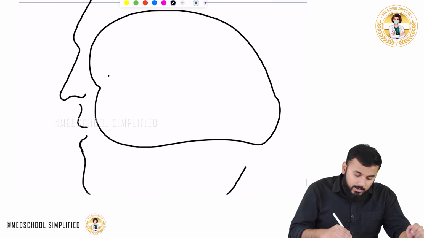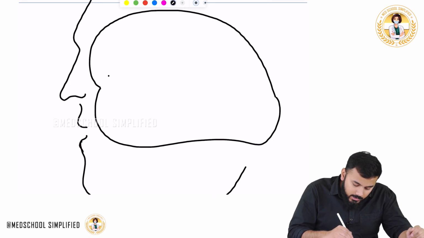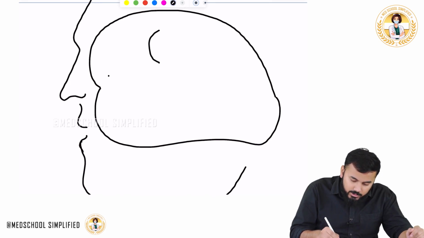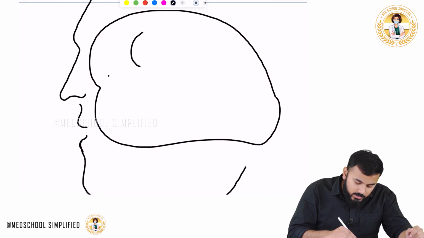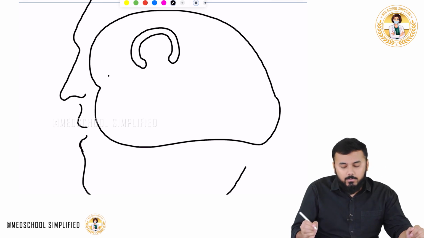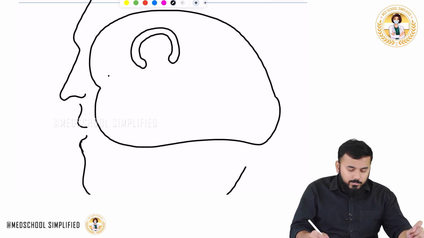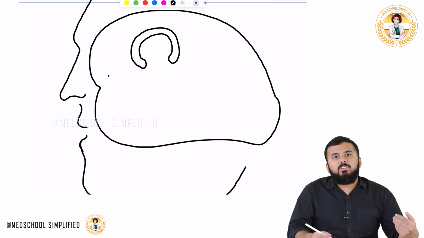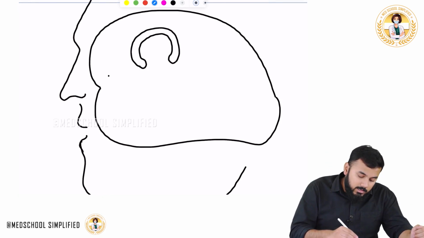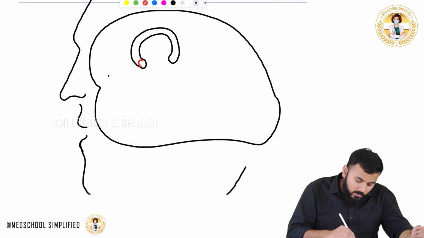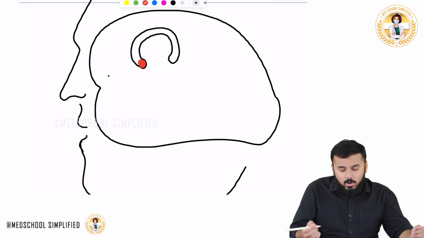Now here on the ventral medial side, you have one very important structure like this. The particular structure which I am drawing right now is called the corpus callosum. Now this corpus callosum has a few parts. For example, this red colored part which you can see right now is called the genu of the corpus callosum.